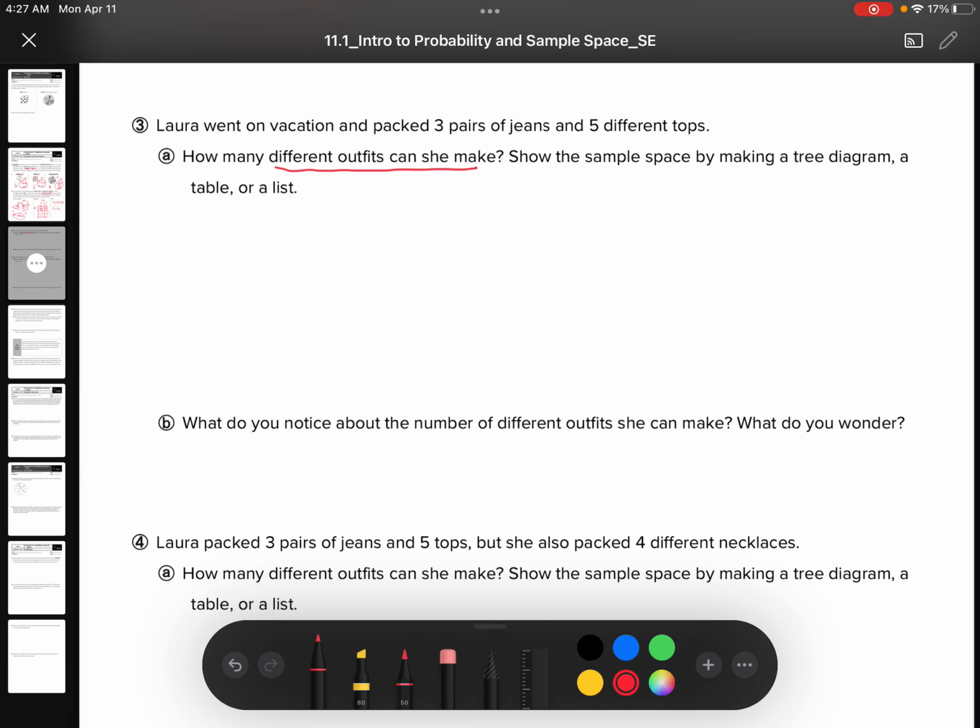If you make a table, you have 2 labels. You have jeans and then you have tops. She has 1, 2, 3 jeans and she has 1, 2, 3, 4, 5 tops.